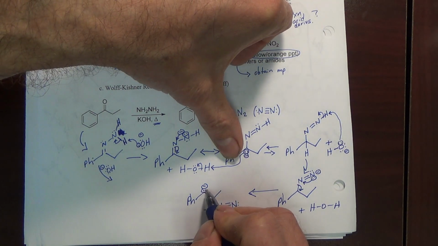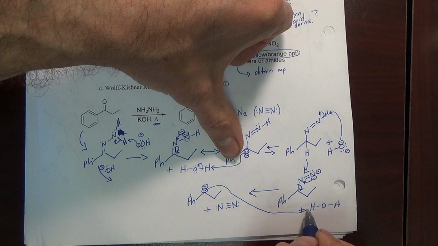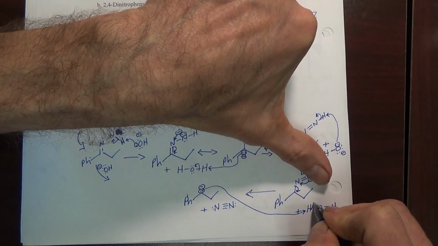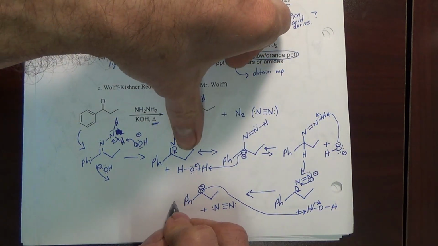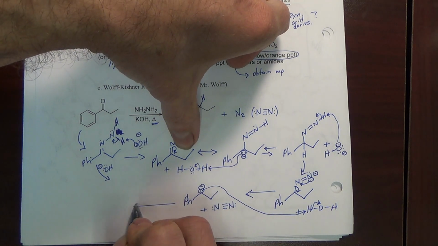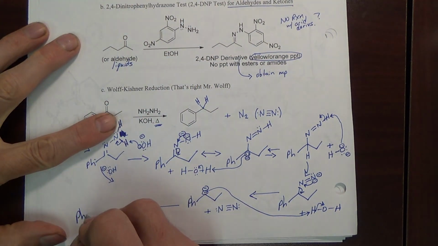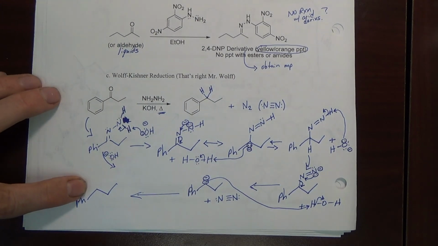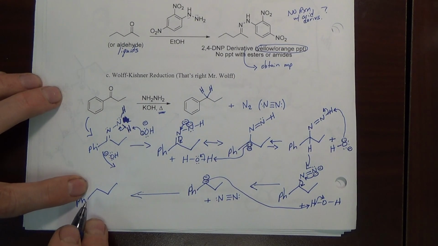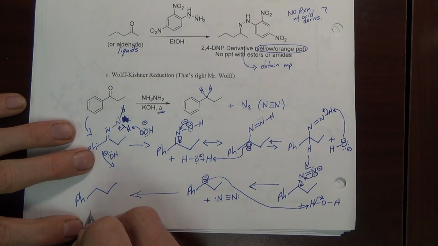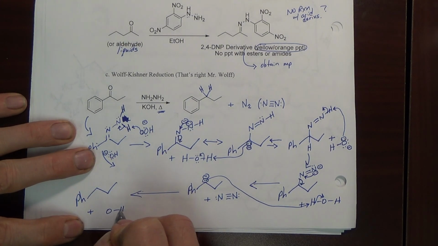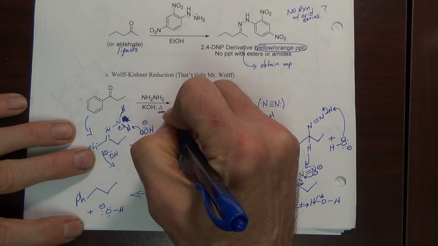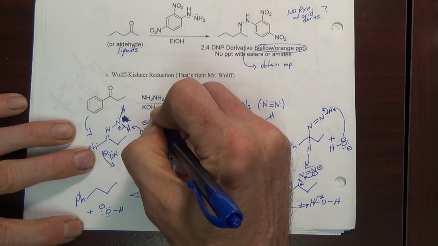And now this carbanion takes an H from water, leaves electrons behind, and we will get our final product. Now two H's on that carbon. I'm not going to draw them in. And we do remake hydroxide, and so it was catalyst.